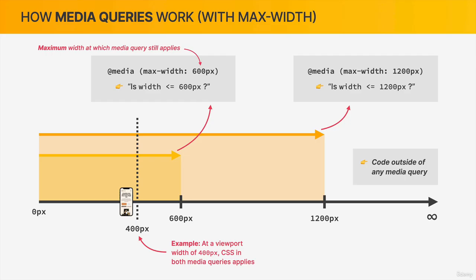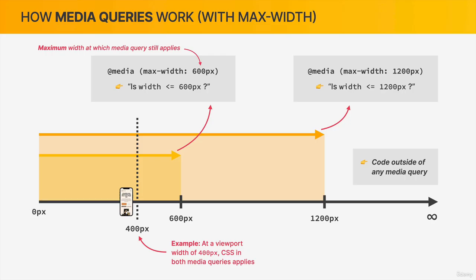These 400 pixels are less than 600 pixels and they're also less than 1200 pixels. And so the code in both media queries will be applied. Now, if you have conflicting CSS declarations in these queries, which is usually the case, then the one which appears last in the code is the one that will apply.